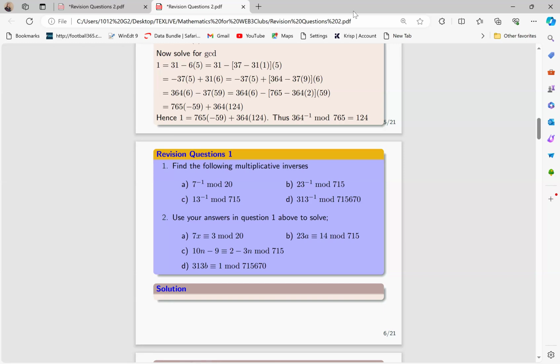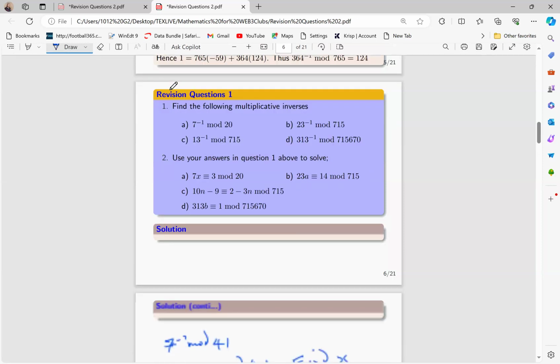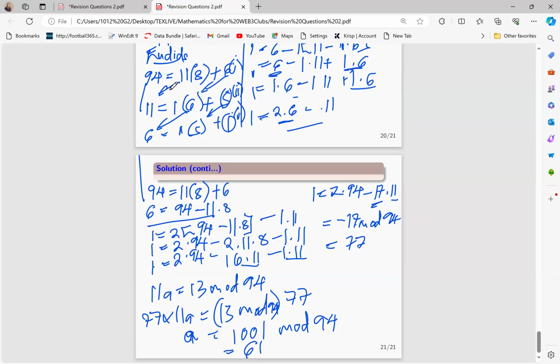I had a question on the last one. As we get to 77, are you multiplying it by 11a or by 77? By 77, the inverse. Yeah.